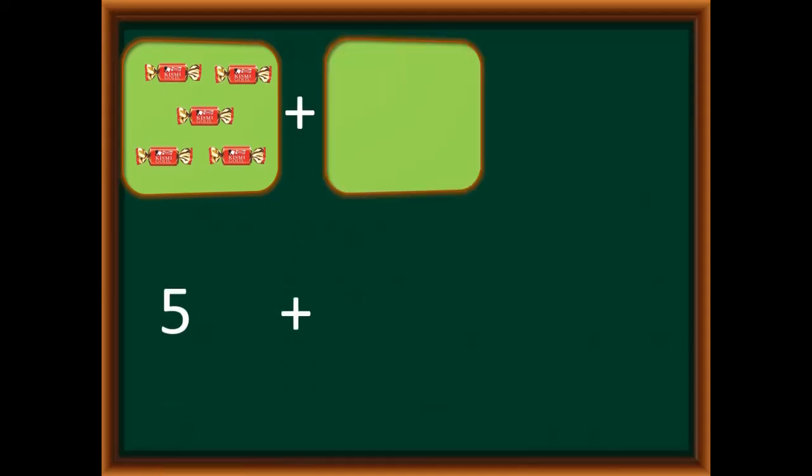We have 1, 2, 3, 4 and 5 chocolates. We are adding 1, 2 and 3 chocolates. Now we have to find the total number of chocolates.